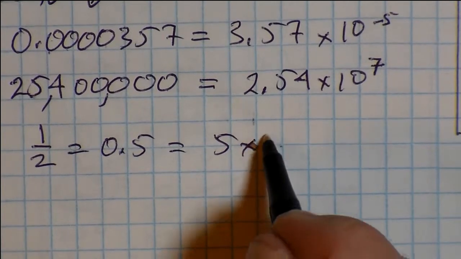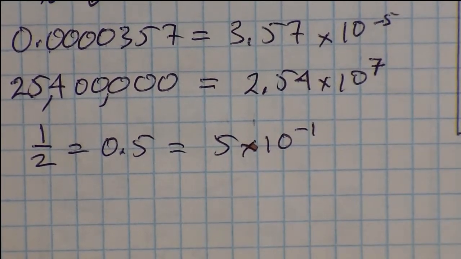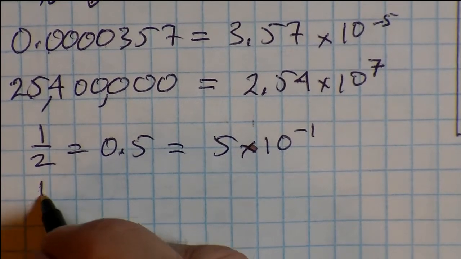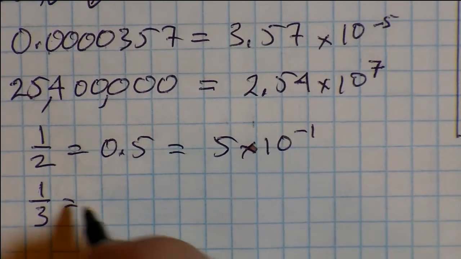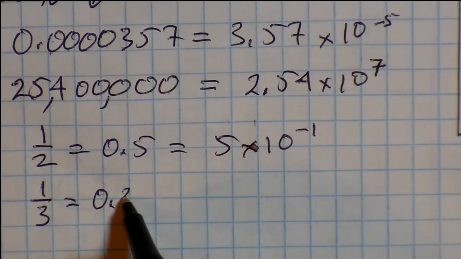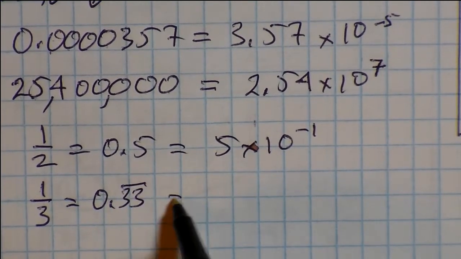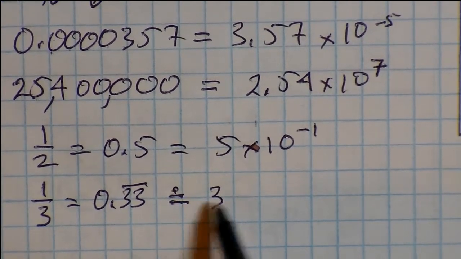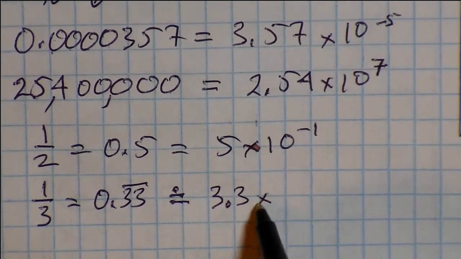Now, eventually, anything with a value, any real number, can be expressed in scientific notation, including fractions. So 1/3 can be 0.33 repeating, which is approximately equal to 3.3 times 10 to the minus 1.